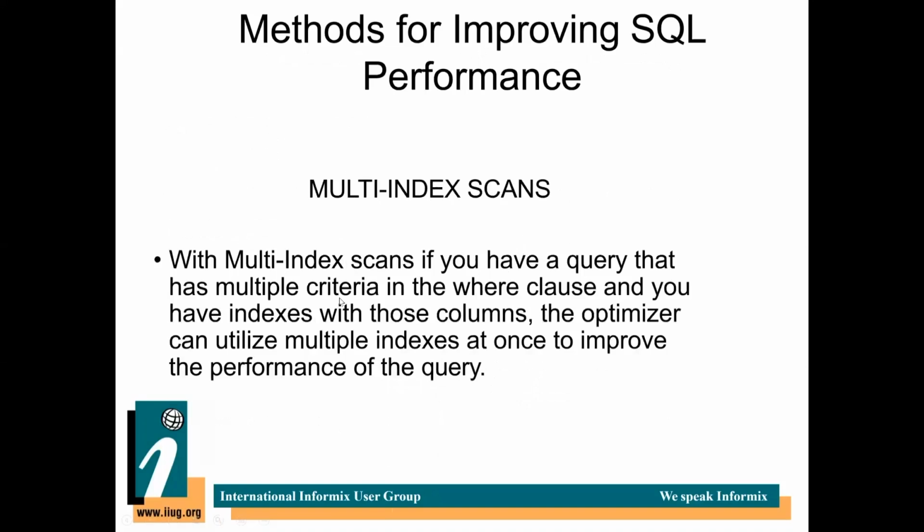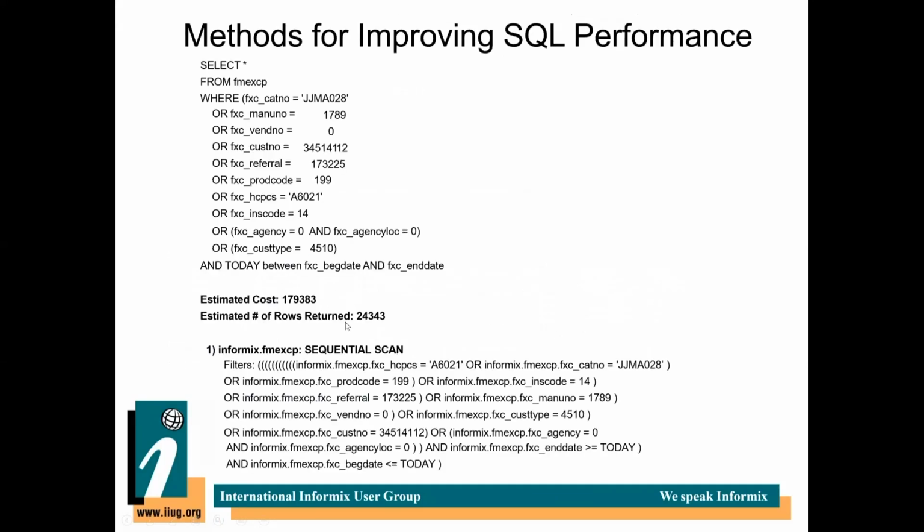So, multi-index scans. If you have a query that has multiple criteria in the where clause, and you have indexes with those columns, the optimizer can utilize multiple indexes at once to improve the performance of the query. In this case, we had a query selecting from a table with a bunch of or clauses and a date field in there.